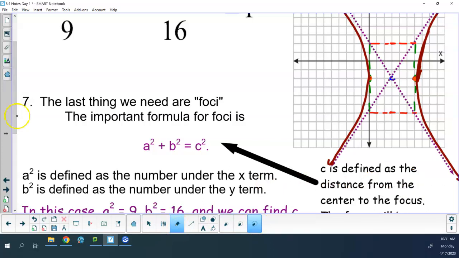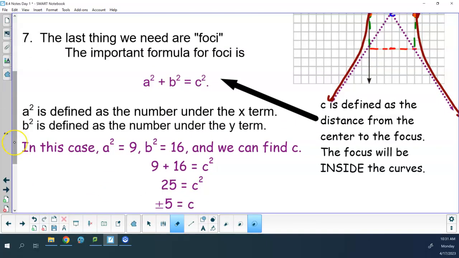Just like with an ellipse, there is a special formula for the foci of a hyperbola. The nice part is that this equation for the foci of the hyperbola should be recognized by you.